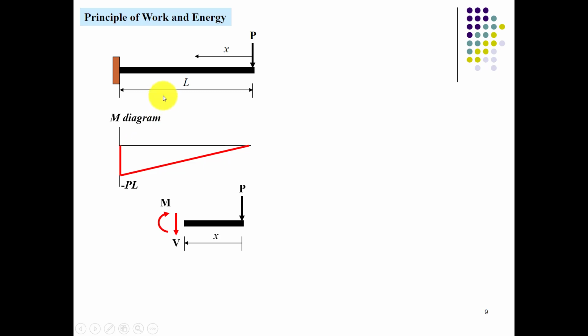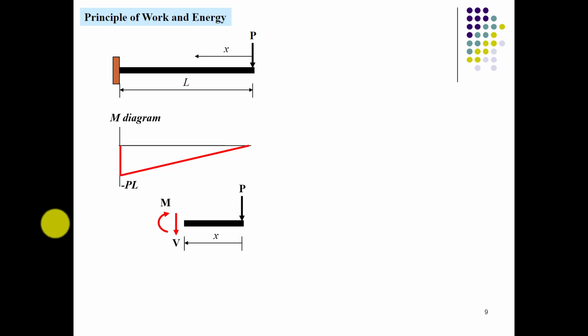If we draw the cross section at some distance x, it would be like V, and the moment, V is coming downward. You can change the directions, and you can change the convention of moment and shear. There are two conventions followed, but keep in mind that whatever convention you have set, you will follow it throughout your problem, so that it would not change your results.